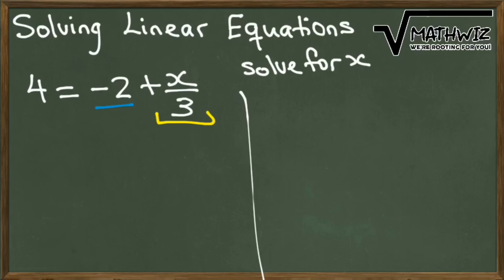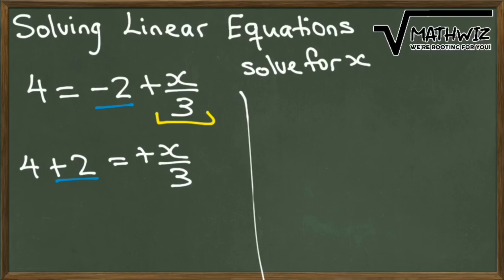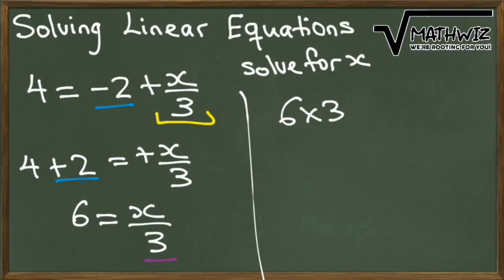So the -2, when you take it to the other side, it's going to become +2. And 4 plus 2 is 6. So 6 is equal to x over 3. The 3 which is divided, when you take it across, we will multiply. And 6 times 3 is 18.